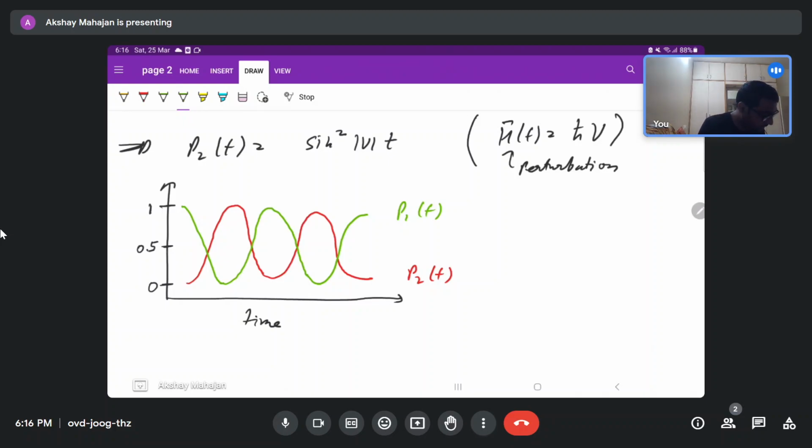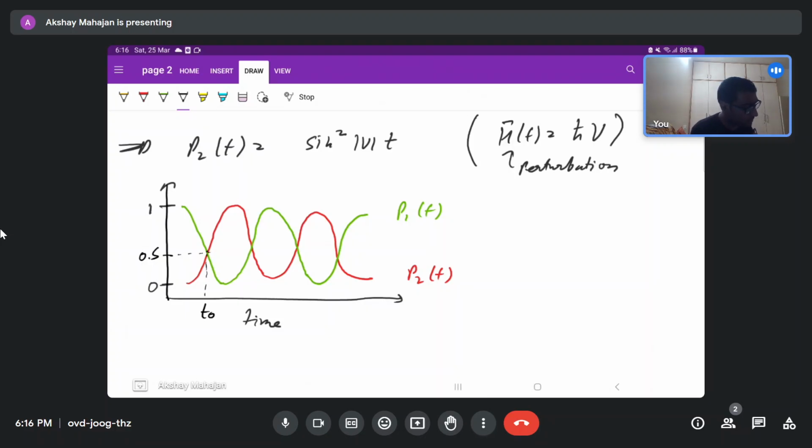We need to find a time when both of them are at half. So after some time, let's say this time t naught, we can see that both the probabilities will be the same, and we need to find that time t naught.